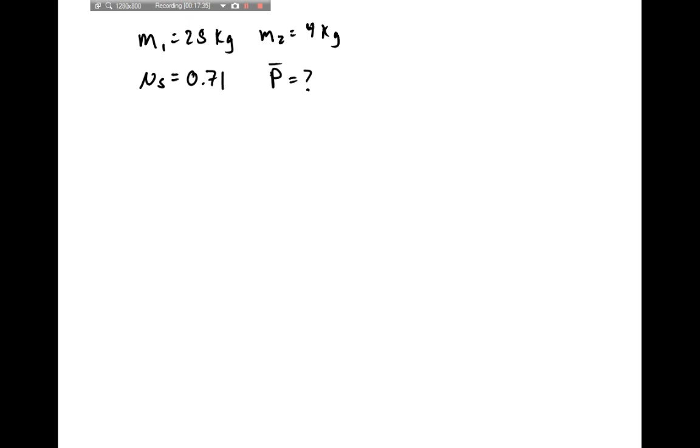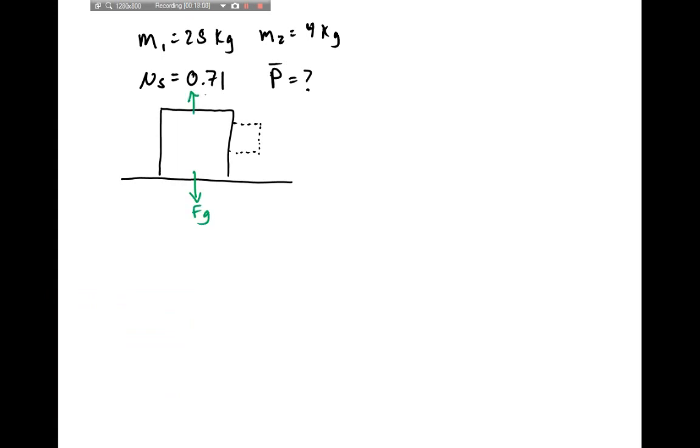Okay. So let me go ahead and draw a free body diagram of these two boxes. So here we've got box 1. And again, let me do a little dashed line here for box 2. So there's going to be, I guess, 4 forces being exerted on this box. There's this force due to gravity and the normal force.